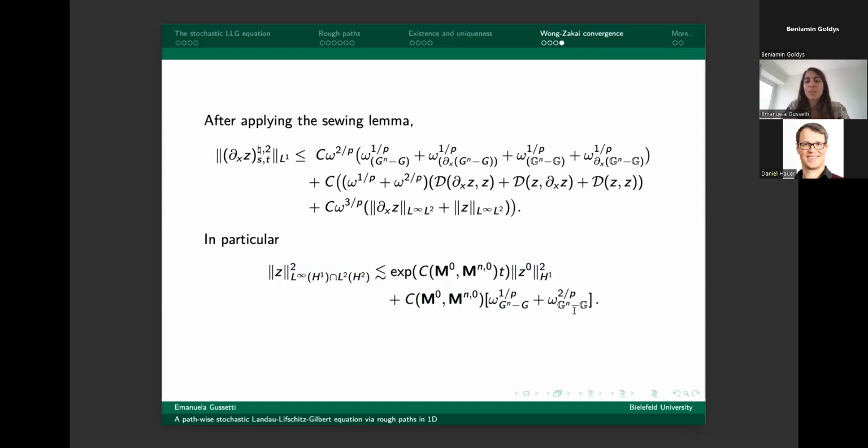And from the differences, if the initial conditions are converging and the noises are converging, this in particular implies that there is a convergence in L infinity H1 and L2 H2 of the approximated solution to the LLG solution.